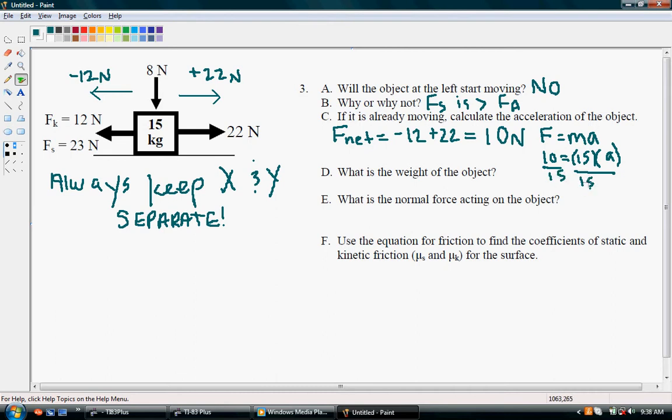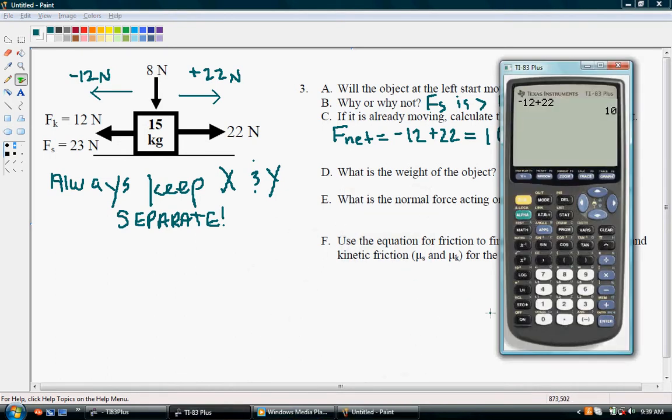Well, 15 over 15 is just 1, so these cancel out, and you get 10 over 15. So our acceleration equals 10 over 15, which is 0.67.